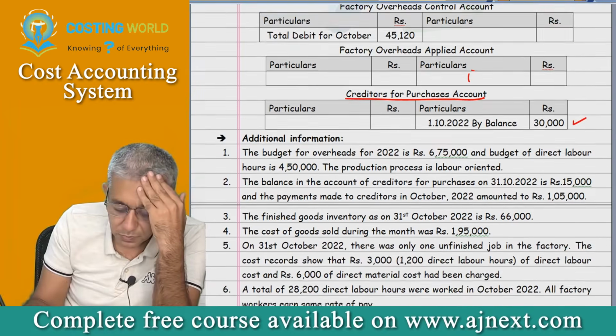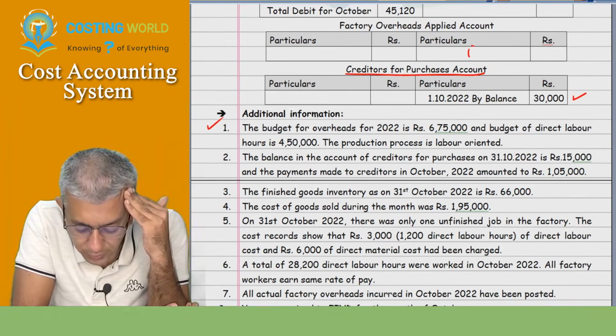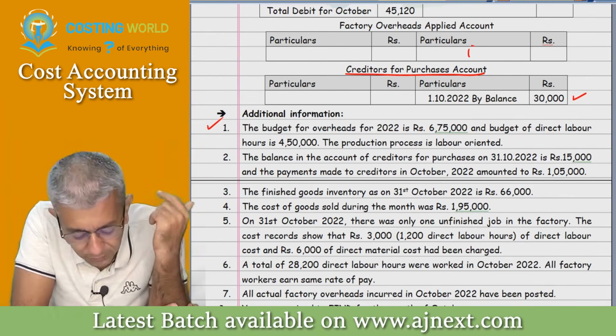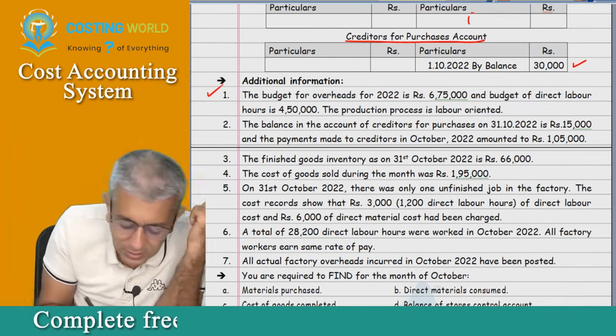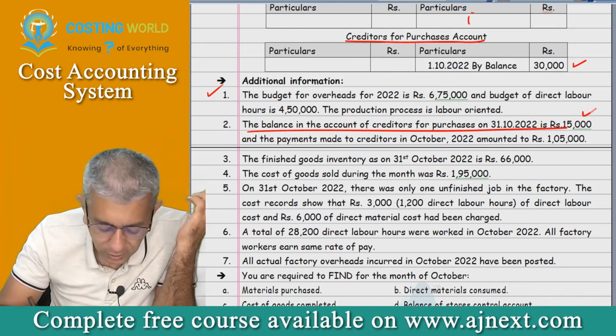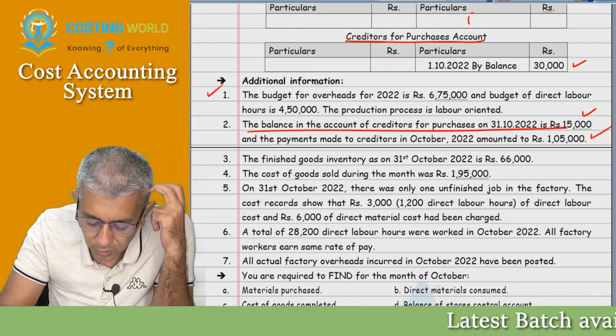Further, the budget for overheads for 2022 is 6,75,000 and the budget of direct labor hours is 4,50,000. Production process is labor oriented. The balance in the account for creditors for purchases on 31/10/2022 is 15,000 and the payments made to creditors in October 2022 amounted to 1,05,000.